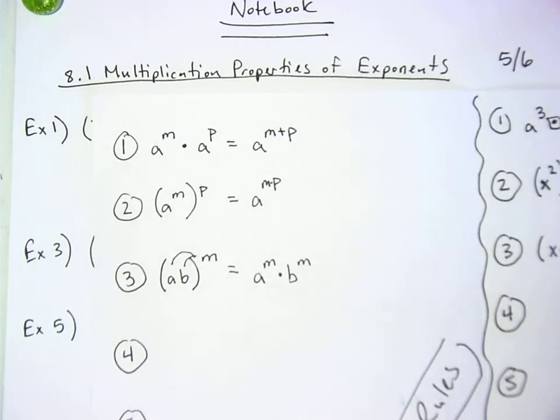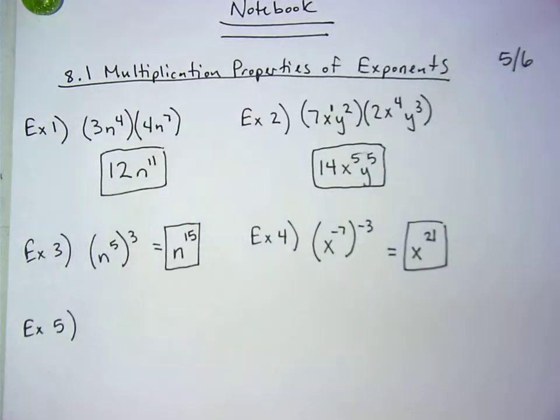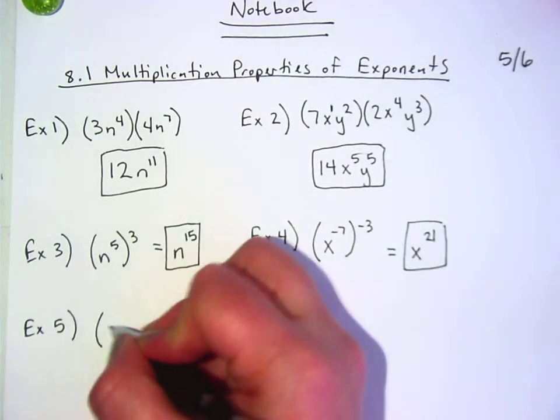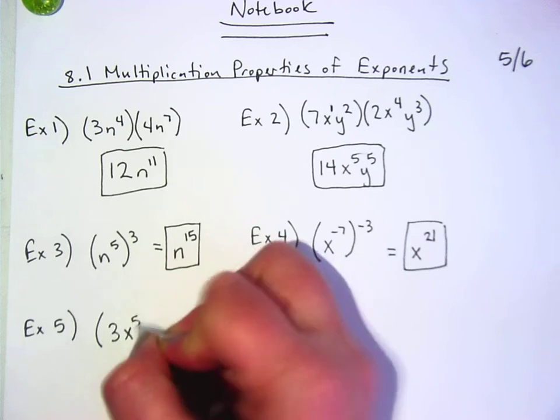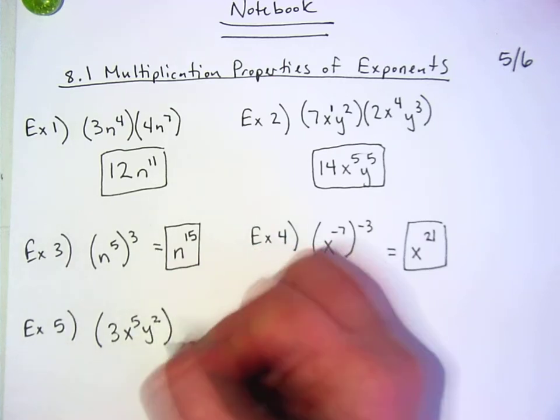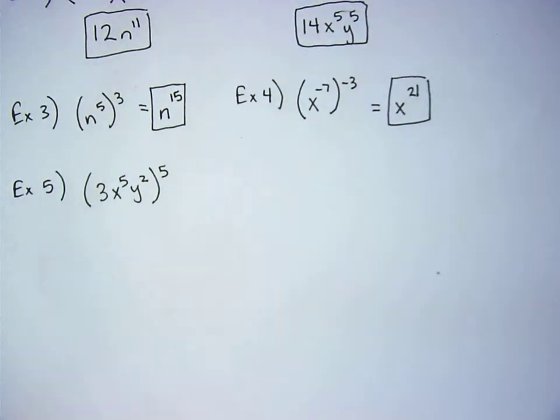All right, example 5, example 6. Example 5 is going to be parentheses 3 x to the 5th y squared. On the outside of the parentheses, I'm going to have a 5th power like that. All right, I'm doing this one, and this one is a little tricky, and let me explain why. Everybody ready?